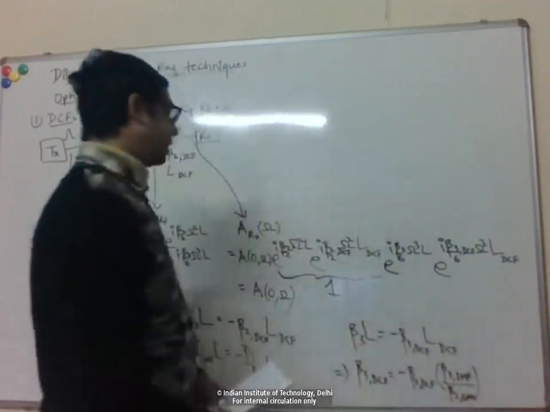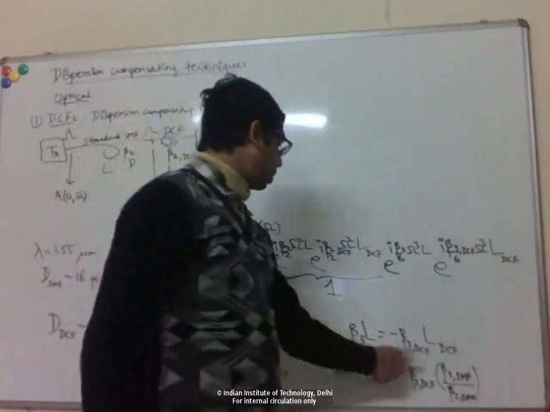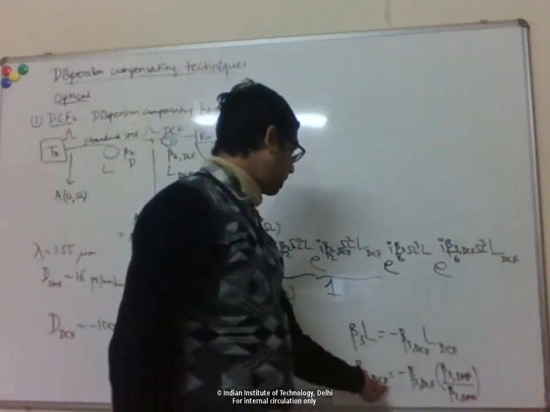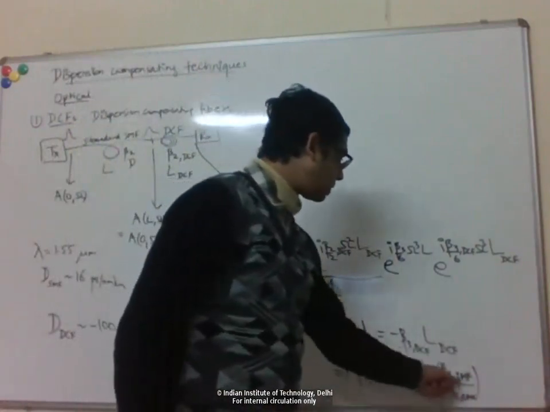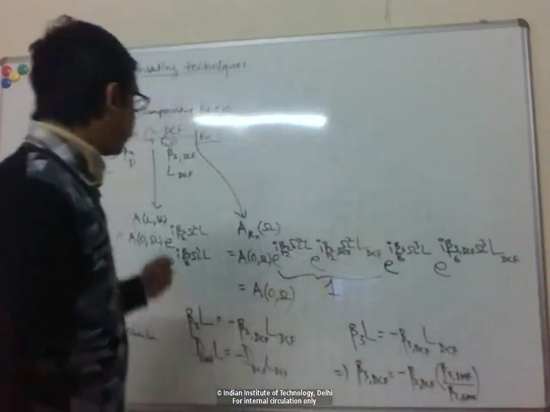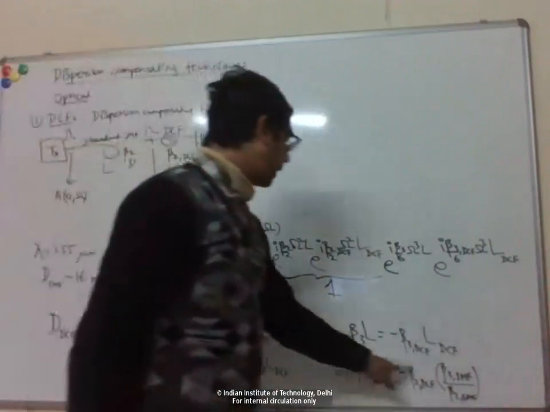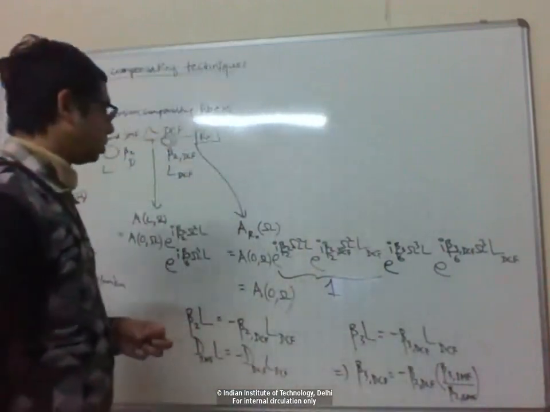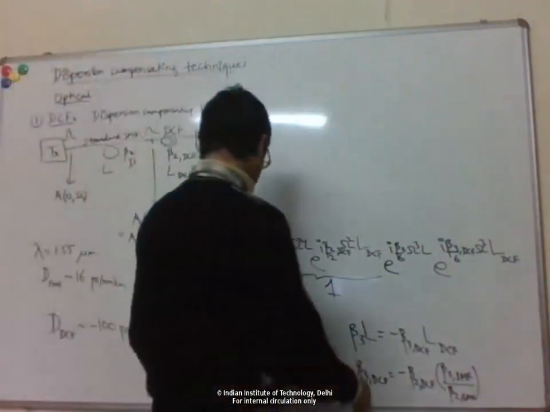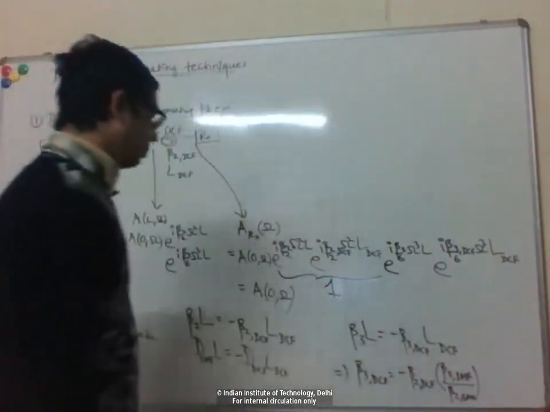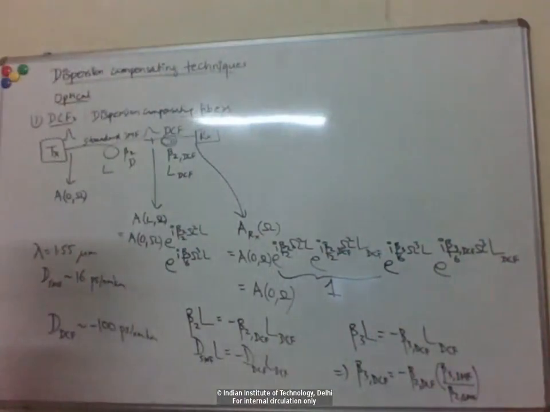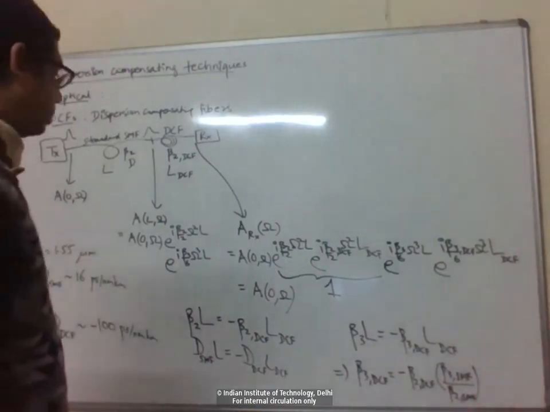So basically the ratio of beta 3 to beta 2 for the dispersion compensating fiber has to be the same value as the single mode fiber used for the link, except the sign has to be opposite. Right.